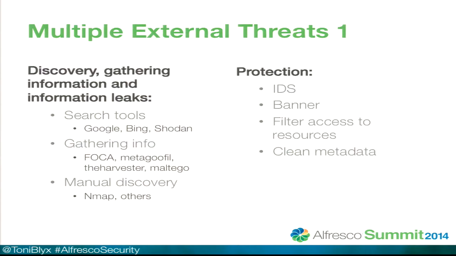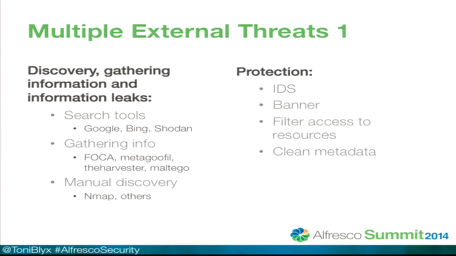Now I want to talk about threats. We can face multiple threats in Alfresco. The first thing that any potential attacker can do is to gather information before starting an attack or starting a pen testing. For example, we can use applications like Google, Bing, or Shodan to discover public resources, even without scanning our networks.